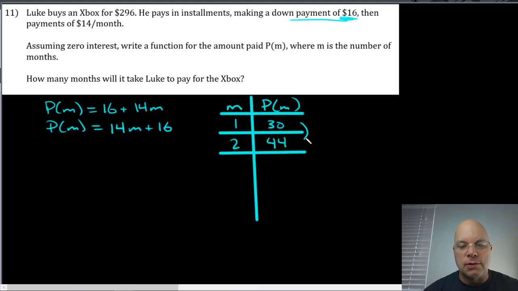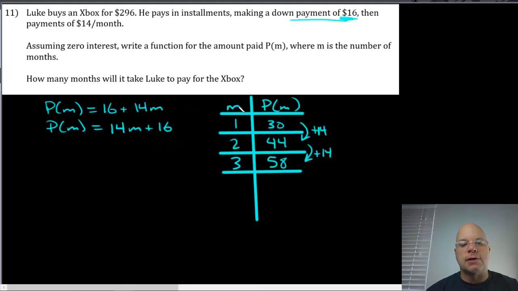Actually, let me do one more. 3 14s is 42, plus 16 is 58. We see this constant difference of 14, which makes sense because he's paying $14 more each month. The little bit extra after the first month is the constant term 16, which represents the down payment.